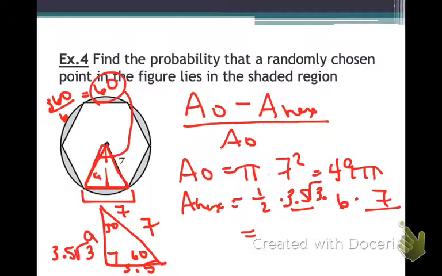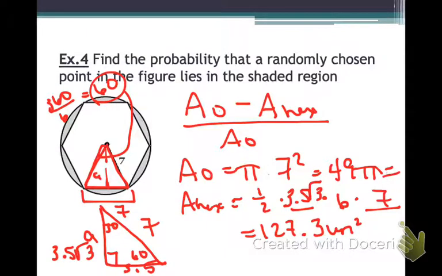So multiply that together, and you should get about 127.3. And this 49 pi, I'm going to go ahead and change that to a decimal as well.